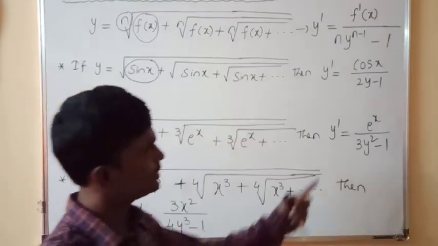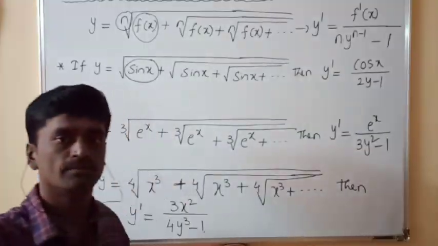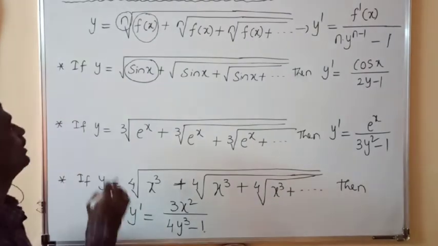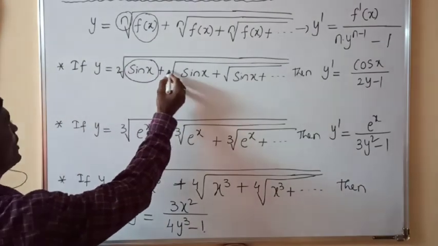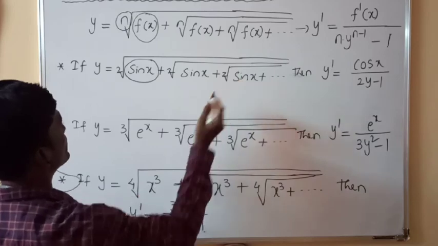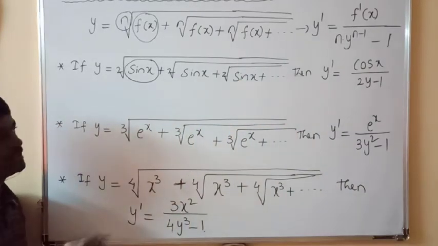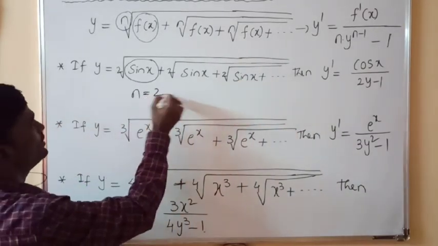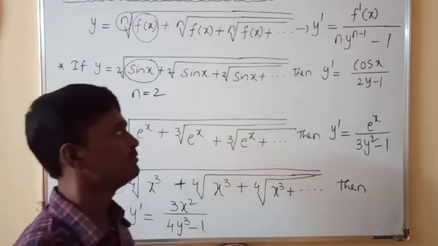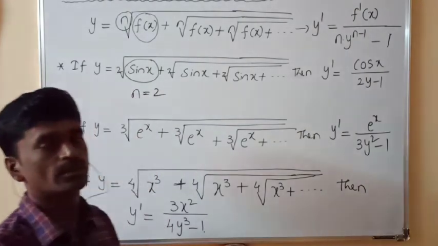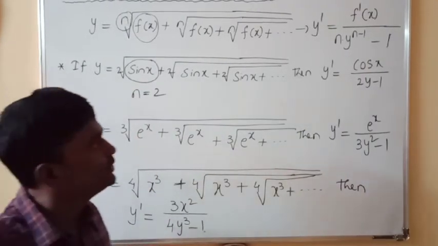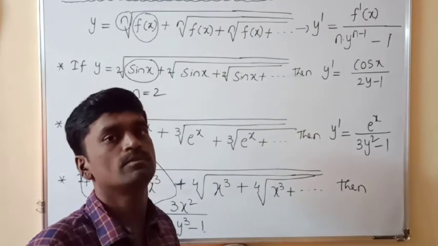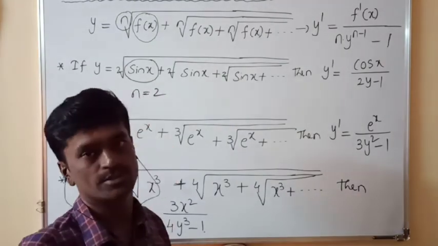Sin x derivative is cos x. That is the numerator. And here, what is n value? Because square root means n value is 2 only. So the denominator will be n into y power n minus 1, minus 1. So n value 2, so 2 into y power 2 minus 1, nothing but 2y, minus 1 as it is.